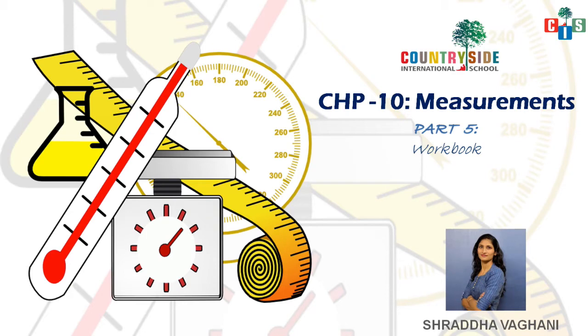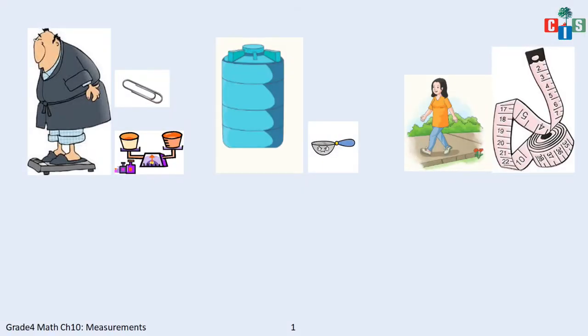We are going to do the workbook of chapter number 10, that is measurement, and likewise we are going to revise the chapter. In this chapter we saw that there are different units of measurements. This is the mass related thing, this is the capacity related thing, and this is the length, kilometers, meters or centimeters. For these three different things you have different units of measurement.